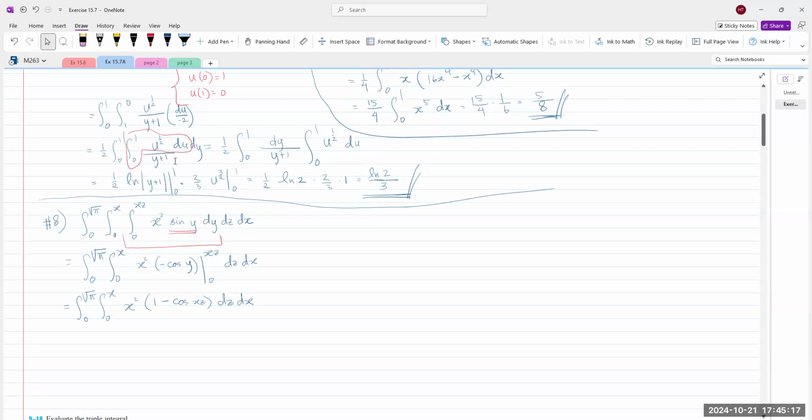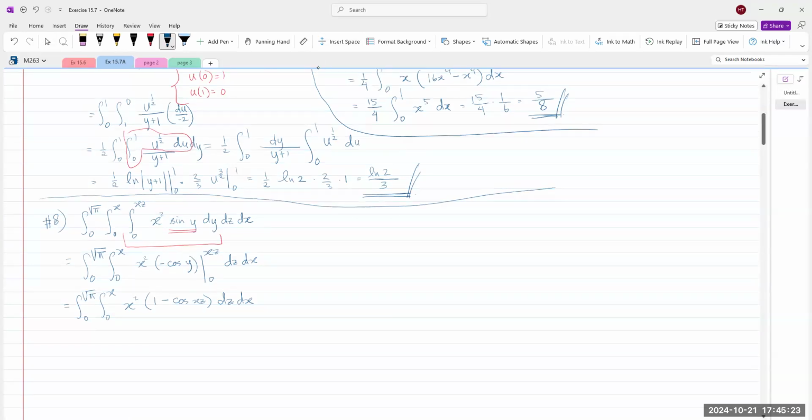How do I want to do this? Let me separate that. It seems like I may need to use two columns. So this is the integral from 0 to square root of pi, integral from 0 to x squared dz dx.